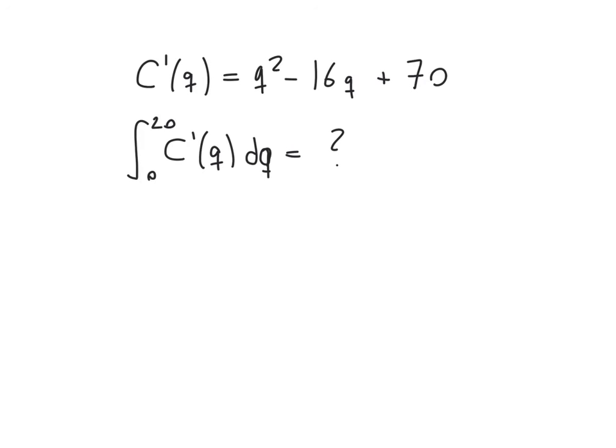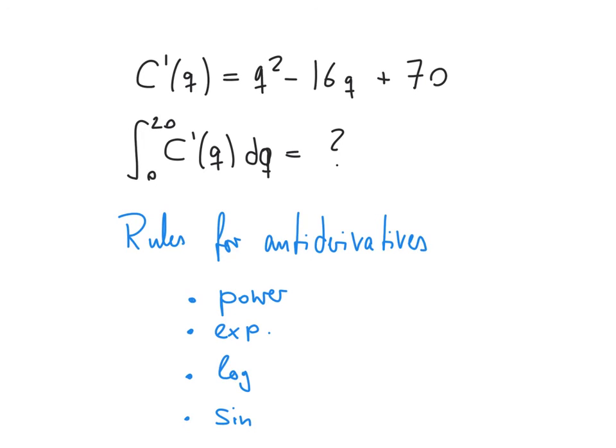There is a whole arsenal of rules for how to find antiderivatives. What you essentially have to do is take the various rules for differentiation and invert them, so go from the derivative to the original function.